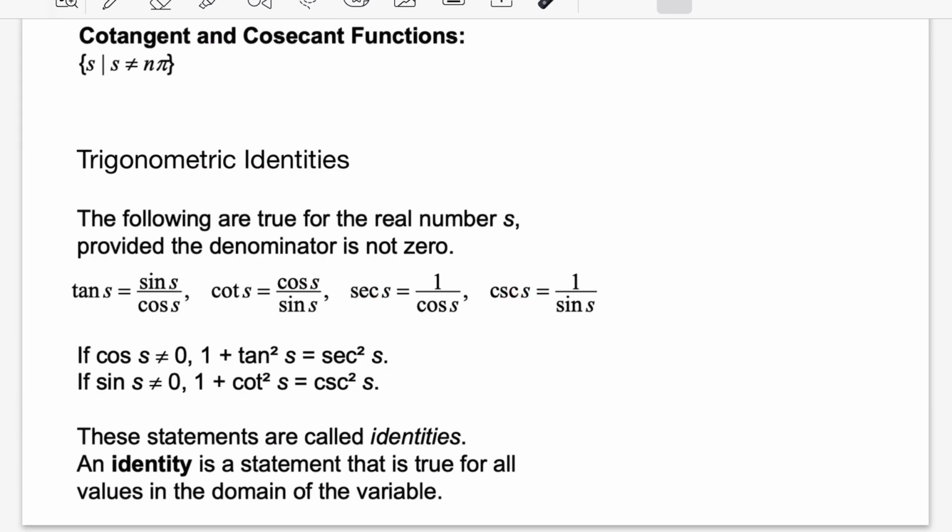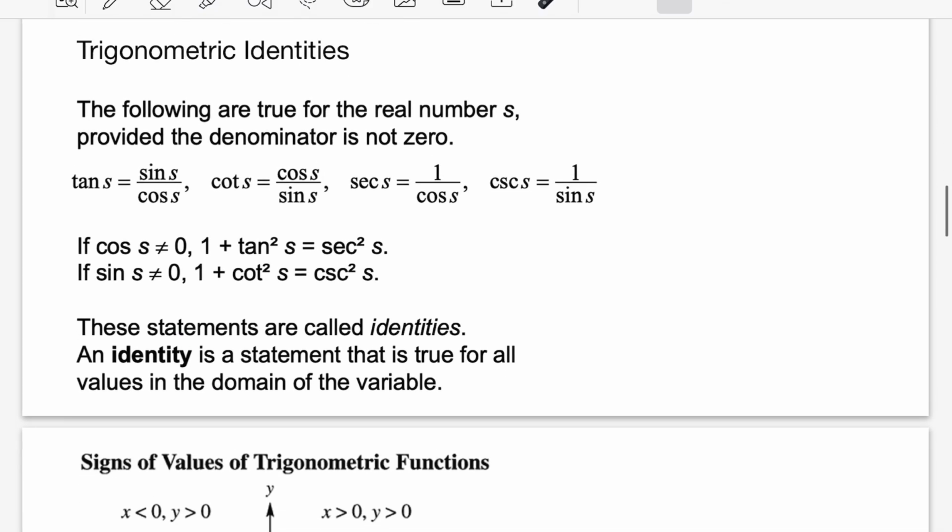Secant and cosecant are the inverses of cosine and sine respectively. If cosine of s is not equal to 0, then this identity is true. And if sine of s is not equal to 0, then this identity is true. We can show that this is true using what we know about these trig functions. All of these statements are called identities, and so this is just a statement that's true for all values in the domain of the variable.